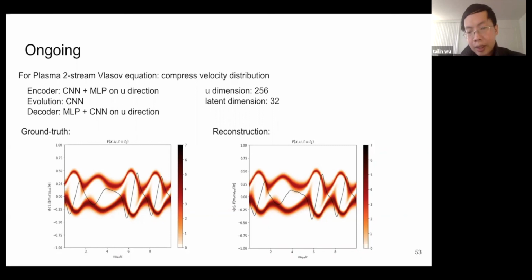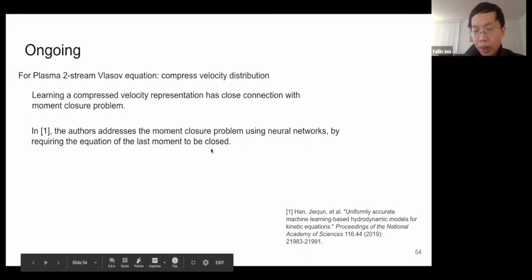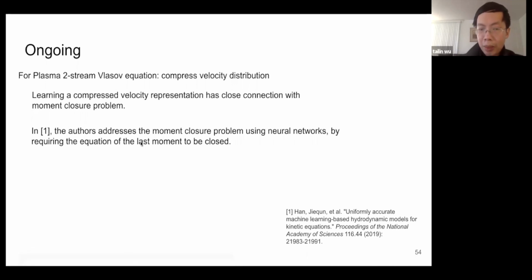And then when we compress that to describe the dynamic equation, we will have to use a higher moment to describe the lower moments' dynamics. Then there's a question of how to close this moment. And in this work, the authors use a neural network to ensure that the last moment is closed by enforcing some specific format in the last moment dynamics.